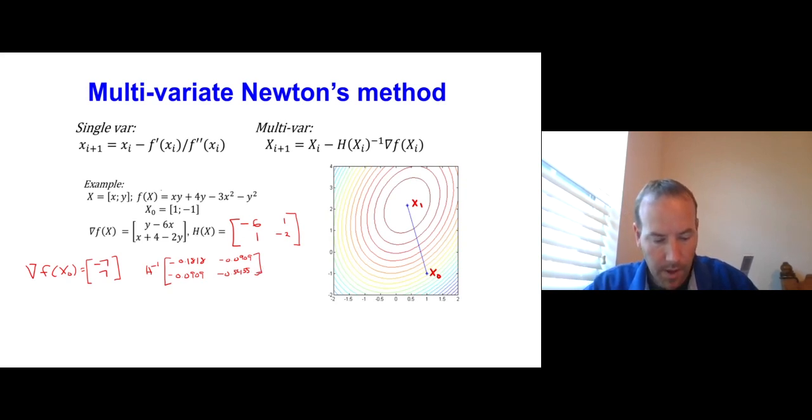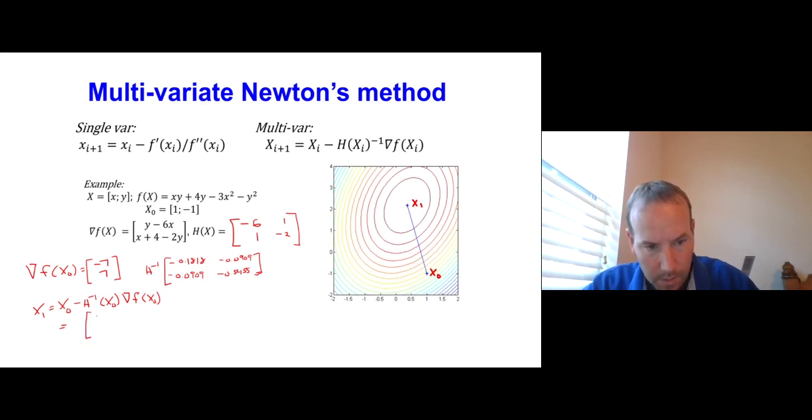And then we can apply that, putting all these little pieces together, into the multivariate Newton's method, and say that x1 equals x0 minus the inverse of the Hessian at x0 times the gradient of f at x0.